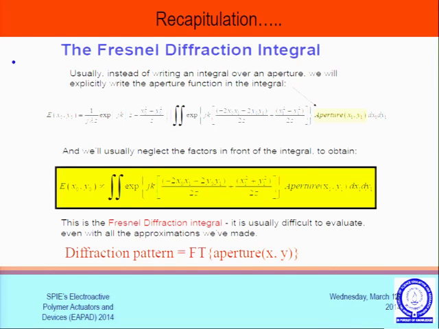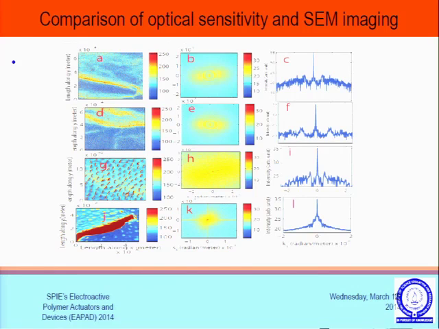So if you take the SEM images of the wing surface at various length scales, here are SEM images at 200 micrometer, this is 100 micrometer, this is 10 micron, and this is 1 micron, where one can see only a single microstructure in the image.